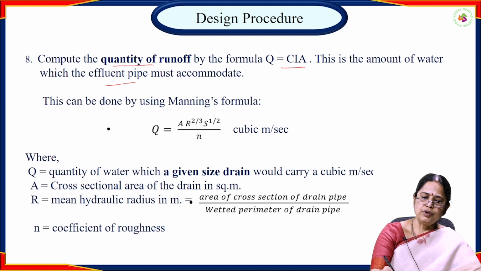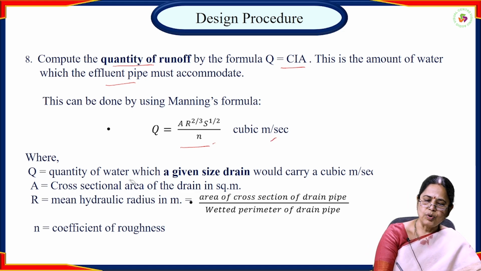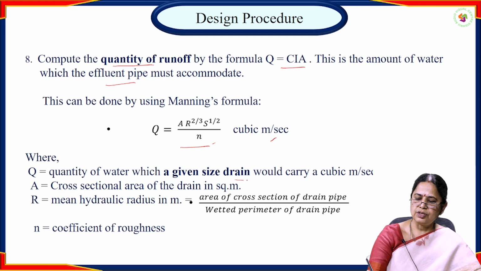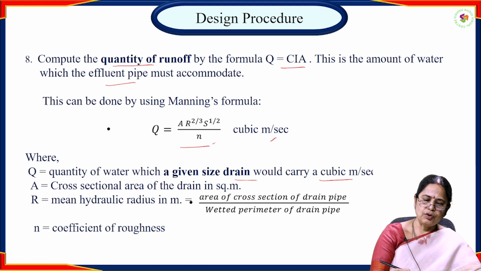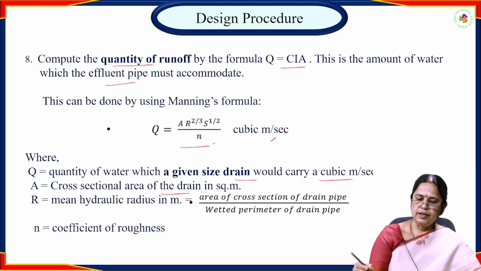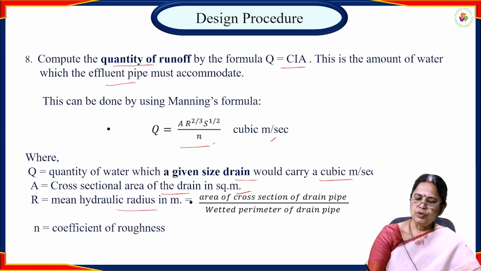For that, we use Manning's formula: Q equals A into R to the power of 2 by 3 into S to the power of half, divided by N, in cubic meter per second, where Q is the quantity of water a given size drain would carry in cubic meter per second. A is the cross-sectional area of the drain in square meter and R is the hydraulic radius in meters, which is equal to area of cross-section of the drain pipe divided by wetted perimeter of the drain pipe.